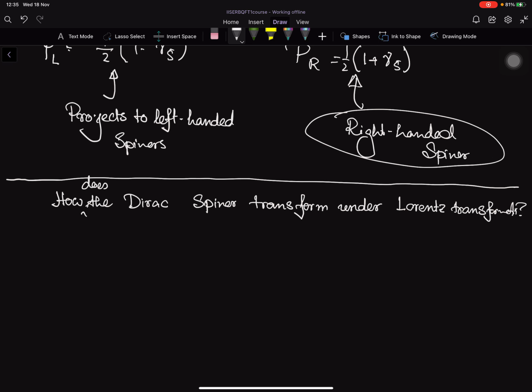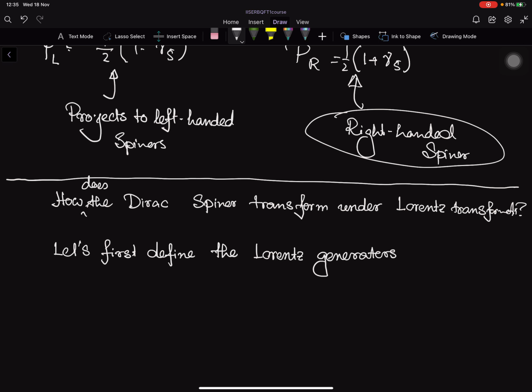In order to do that, first we define the Lorentz generators. They are defined in the following way.